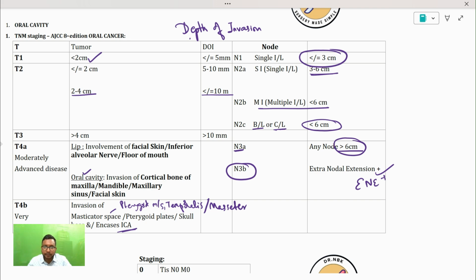What is the size of the lymph node involved? More than 6 centimeter, N3A. Less than 6 centimeter, whether bilateral or contralateral, N2C. If multiple ipsilateral, N2B. If it is 3 to 6 centimeter, single ipsilateral lymph node, N2A. If it is a single ipsilateral node less than 3 centimeter, N1. Okay, so this is the important nodal classification for oral cavity cancer.